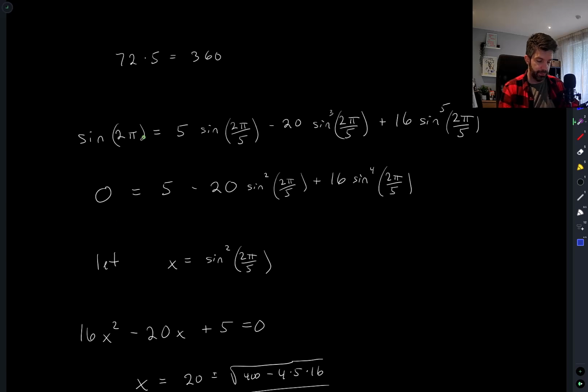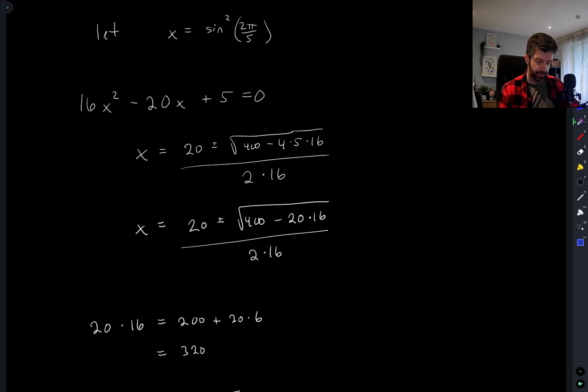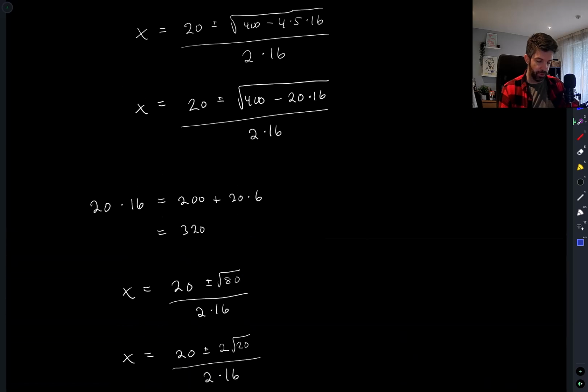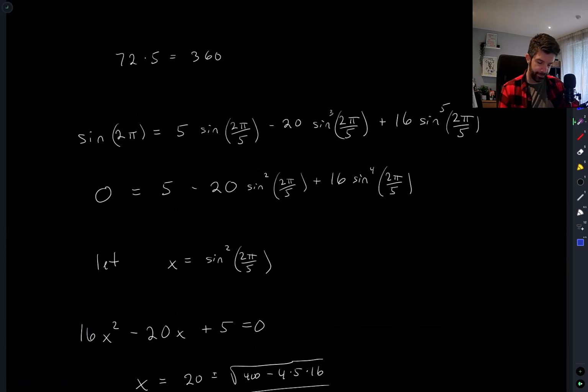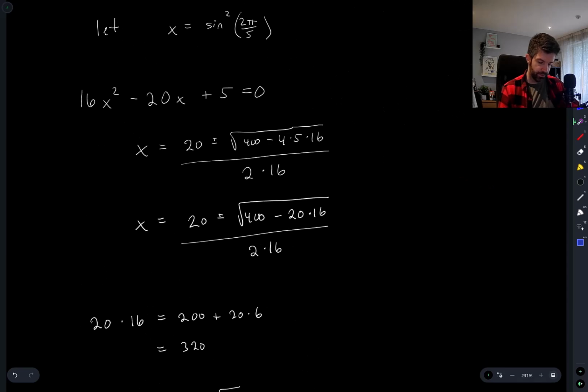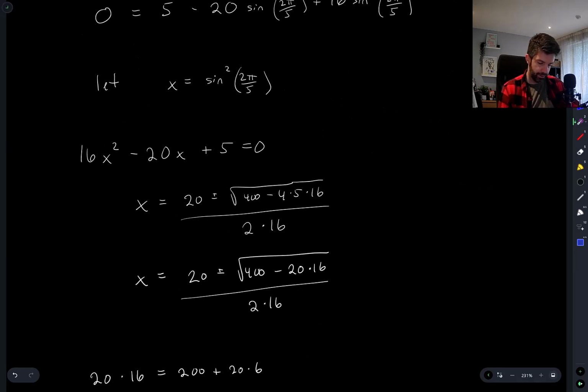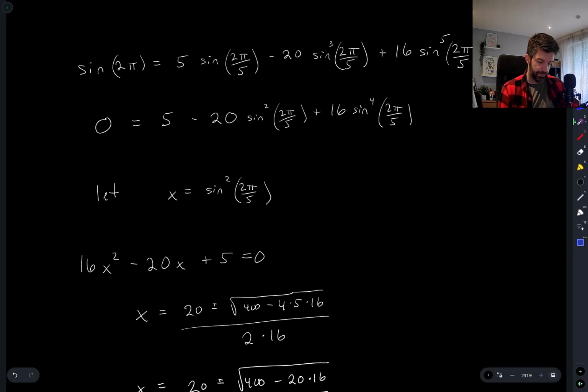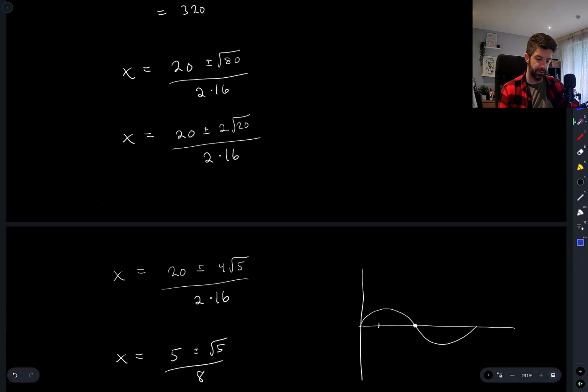So if I put pi here and pi over 5 everywhere and then continue with all the algebra, the algebra doesn't know whether I'm solving for sine of 2 pi over 5 or sine of pi over 5. So sine squared of pi over 5 also satisfies this equation. So that's the root that is being taken out of that.